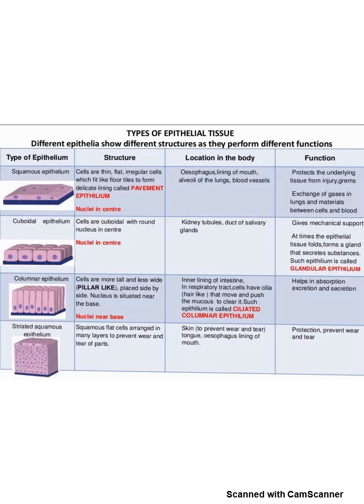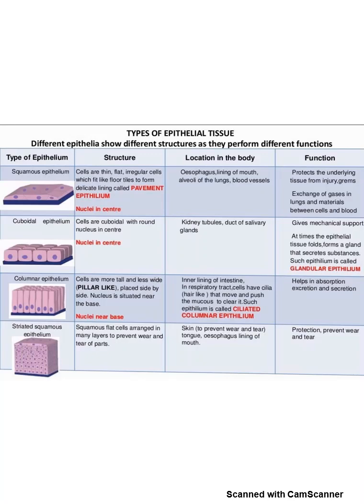You have different layers of skin. So we have stratified squamous epithelial tissues present in the skin to prevent wear and tear, and in the tongue, esophagus, and the lining of the mouth. And what is the function of stratified squamous epithelial tissue? It helps in protection, of course. It helps in preventing wear and tear.